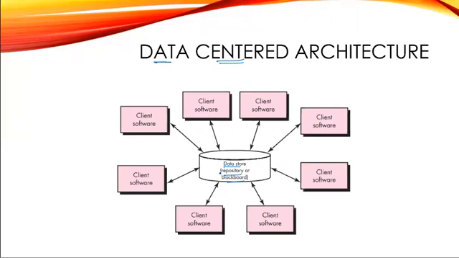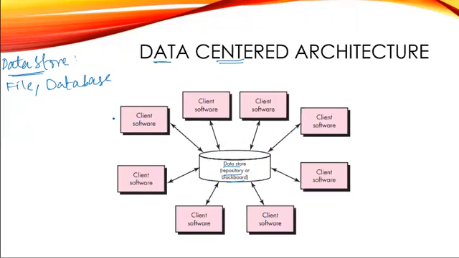Now what is an example of a data store? This data store can either be a file or a database. This file or database is going to reside at the center of the architecture, and you can see that all the different client softwares are going to access this database frequently.